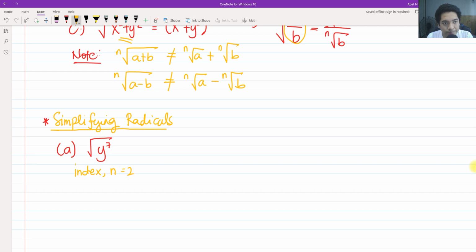The rule is, because the exponent of the radicand, 7, is greater than the index, we can still simplify it.